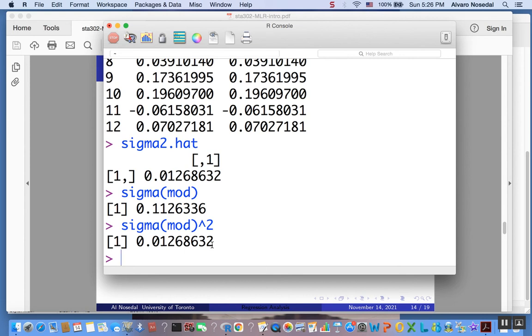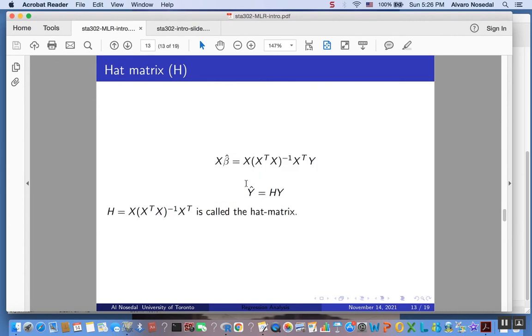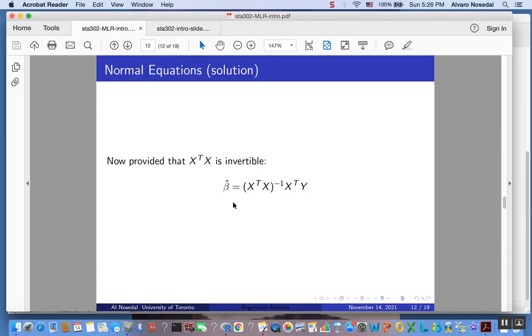So let's summarize what we've done here together. Using an example, we made a comparison between the things that we did before when we talked about simple linear regression, and saw if we could still use some of those ideas and formulas in the multiple linear regression setting. What we saw is that in some cases formulas are not going to change at all, like the expression for your beta hat, that's the same.